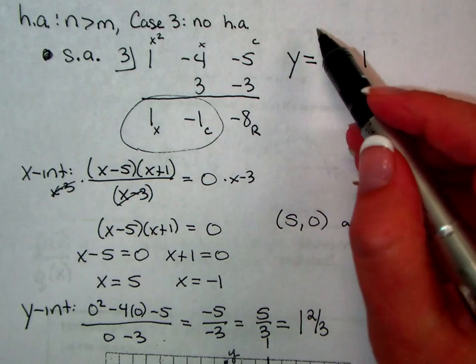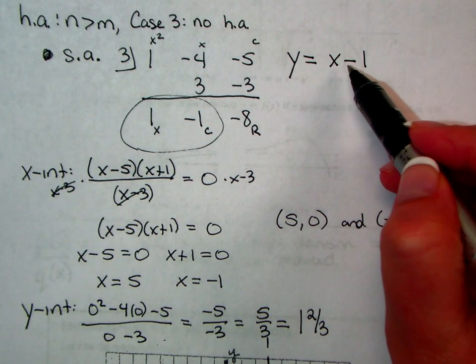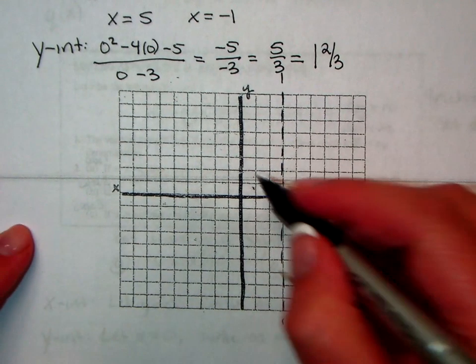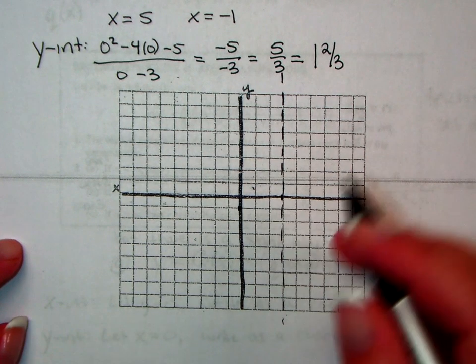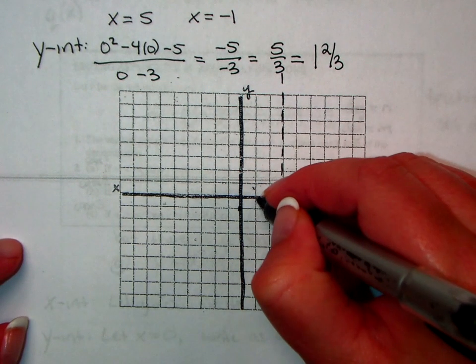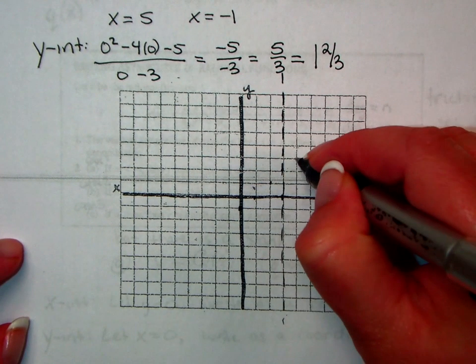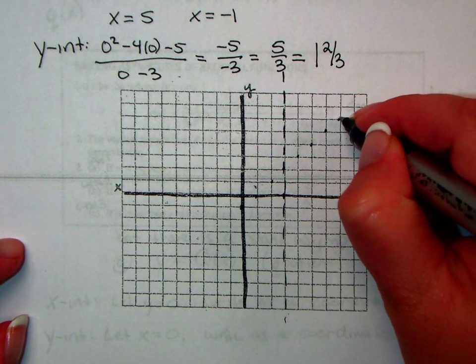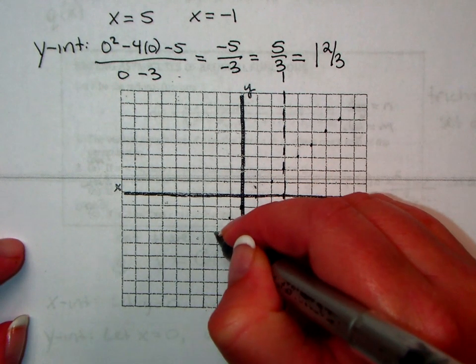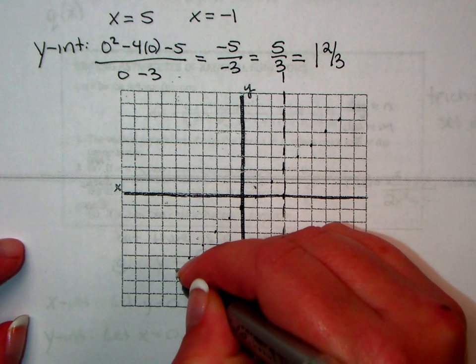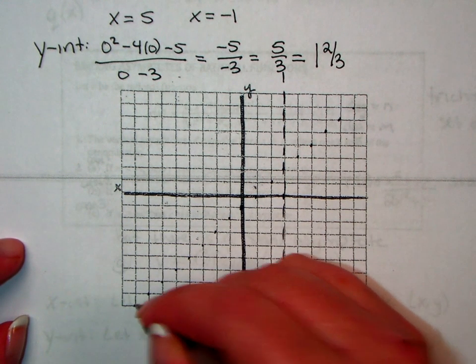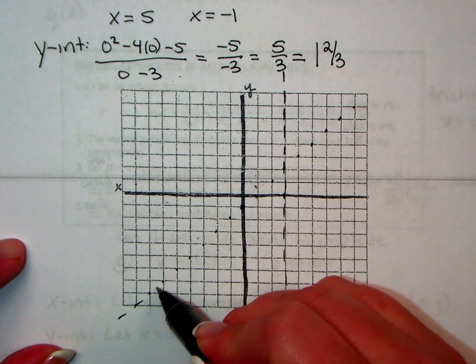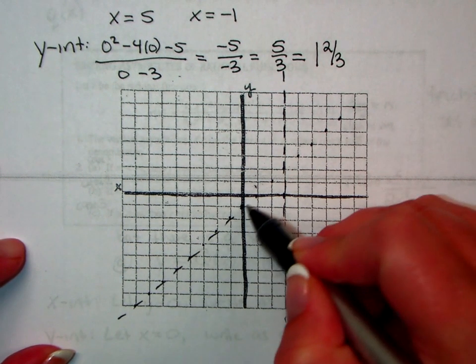So x minus 1 has a y-intercept of negative 1 and a slope of 1, right? So it's going to cross here at negative 1, and then it's just going to be up 1 over 1. Okay, so I'm just going to kind of get this going here. Here's my slant asymptote. It's this linear function.